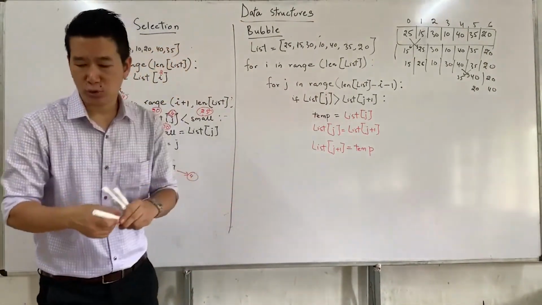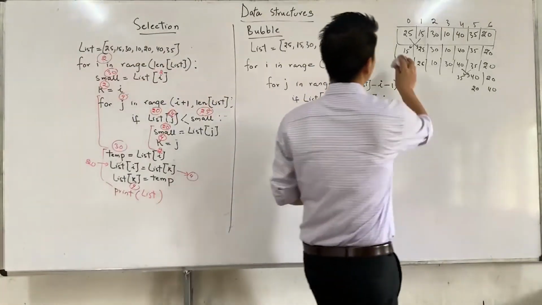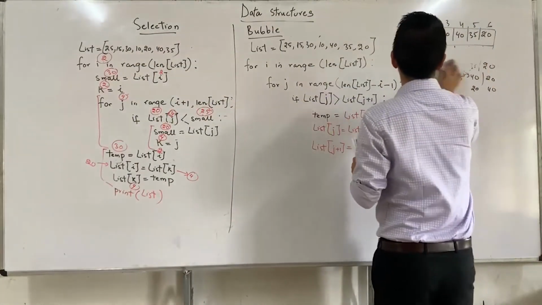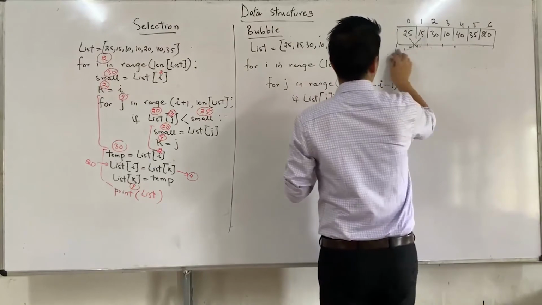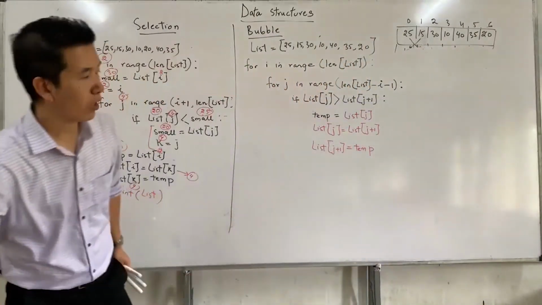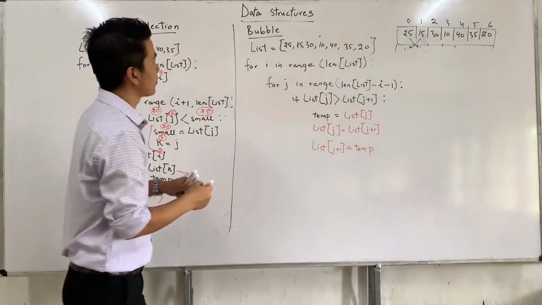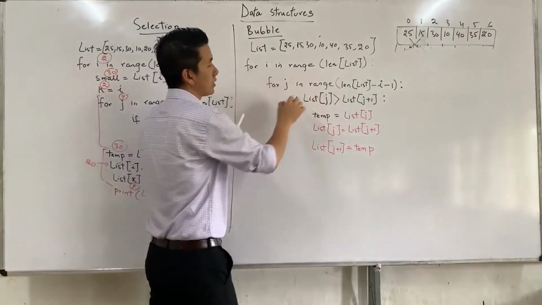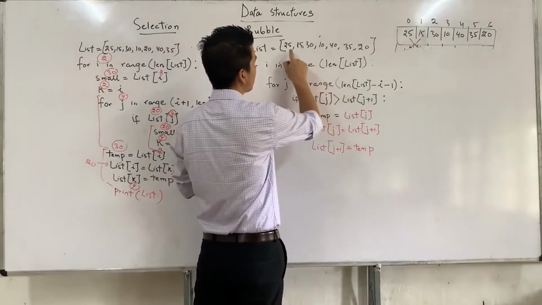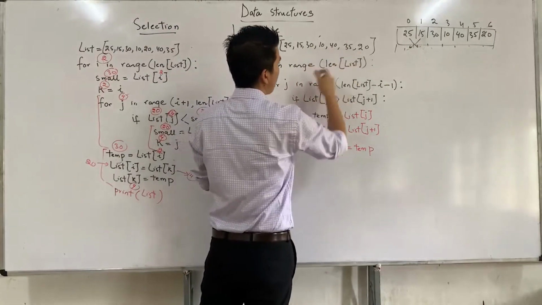So we'll try to run the program and check whether we are reaching the correct output or not. Let's do this real quick. The length of list is 1, 2, 3, 4, 5, 6, 7.